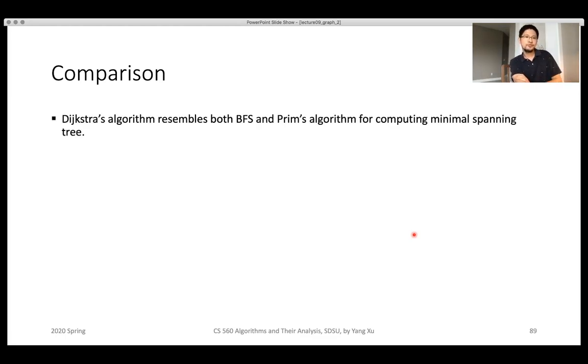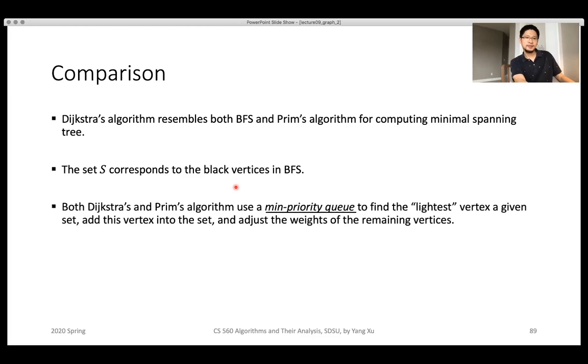And in the last slide, we can simply wrap it up with the previously introduced advanced algorithms on graphs. Dijkstra's algorithm resembles both breadth-first search and Prim's algorithm for finding minimal spanning trees. The set that we use in Dijkstra's algorithm corresponds to the black vertices in BFS. And both Dijkstra's algorithm and Prim's algorithm use a minimal priority queue to find the lightest vertex given a set, add that vertex into the set, and then adjust the weights of the remaining vertices in the queue.